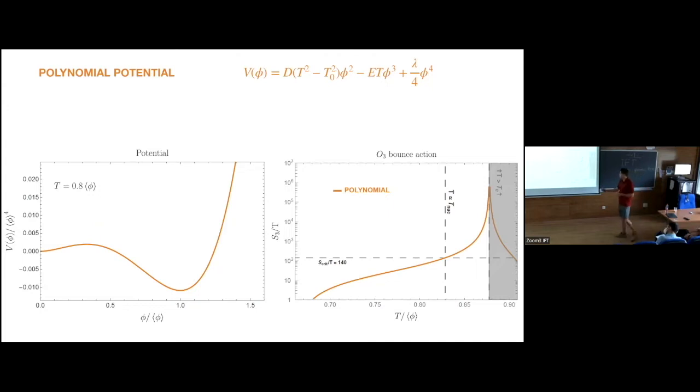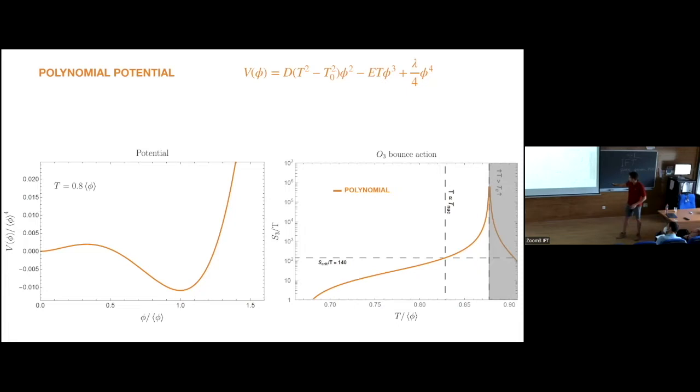When do you nucleate? This depends on the bounce action shown on the right. The bounce action is the amount of action cost for nucleating a bubble, and you want it to be as small as possible. As you decrease the temperature, the cost for nucleating decreases.